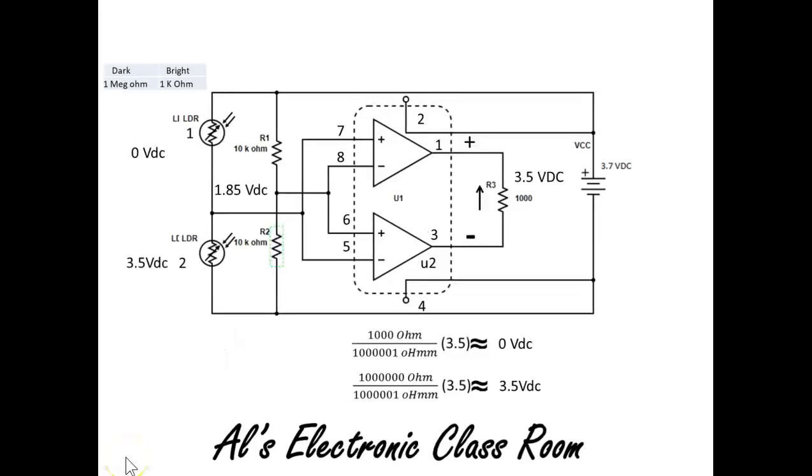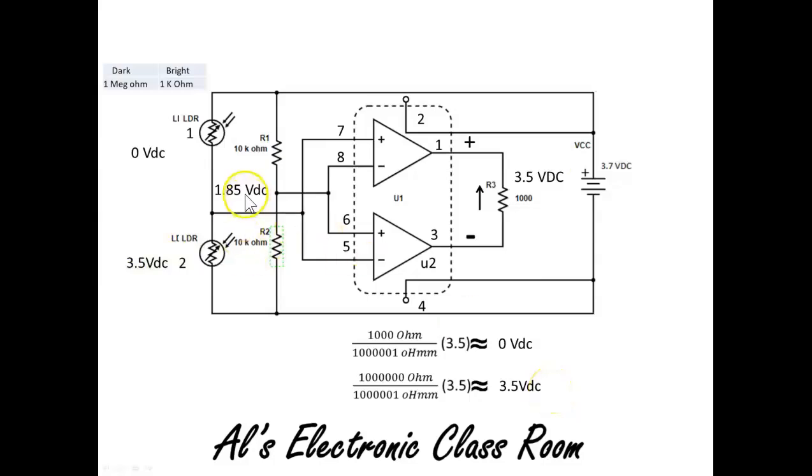Okay, now on this slide, here we go. Remember, two states. Now we're shining the light on LDR1. What's the voltage across it? 0 volts. What's across LDR2? 3.5 volts. Two states, 0 or 3.5.